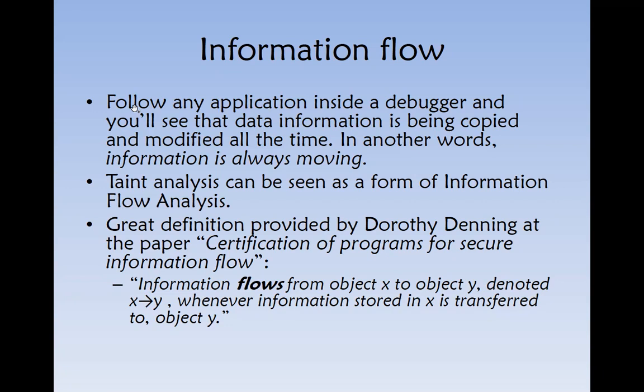So for example, if you have a statement in your program, Y equal to X, and X and Y are, let's say, both integer variables, that very statement Y equal to X transfers information, it causes information to flow from one location to the other.